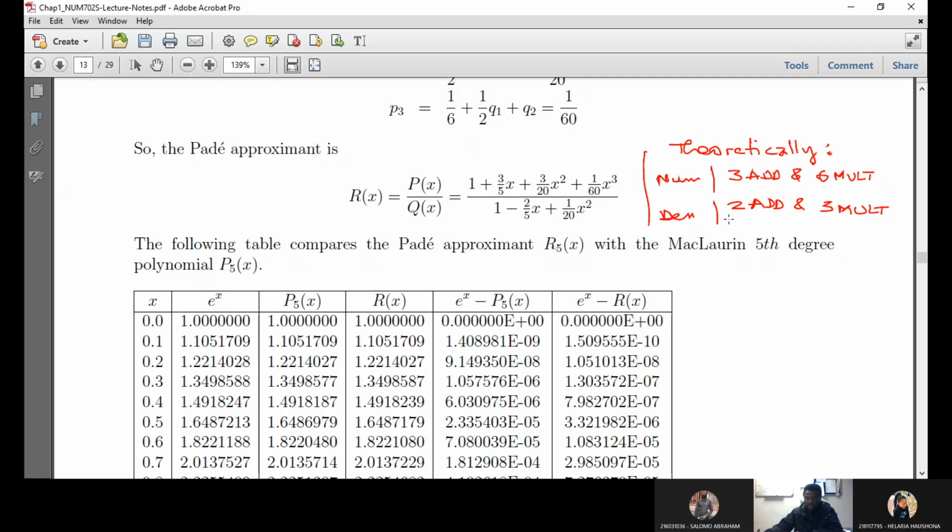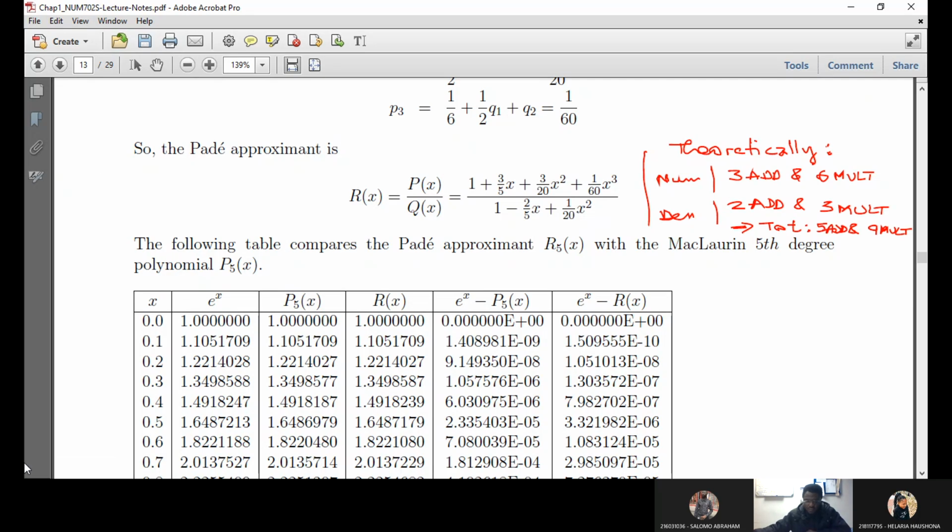So in total, we have a total of 5 additions and 9 multiplications. 5 additions, 9 multiplications.